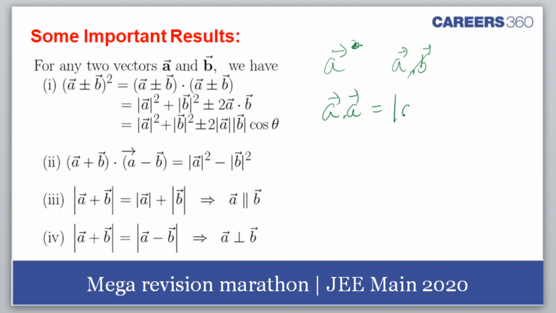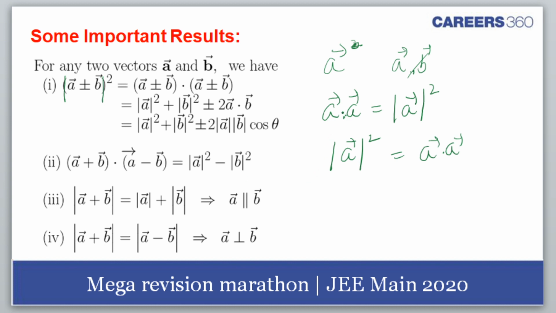A dot A would be mod A square, since cos of 0 is the angle between them. That means if there is a vector and their mod square is there, then I can write it as A dot A. So here mod should be there. Please make the correction.